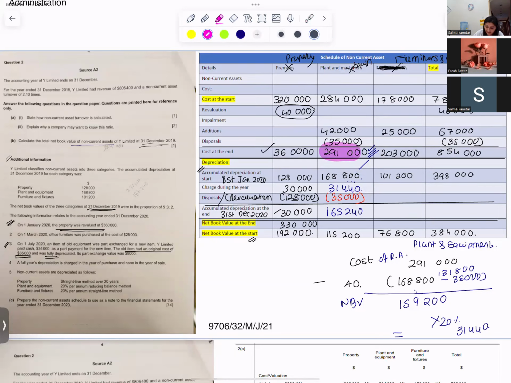Cost of the asset minus accumulated depreciation at the end will give you your net book value at the end, which is 125,760.